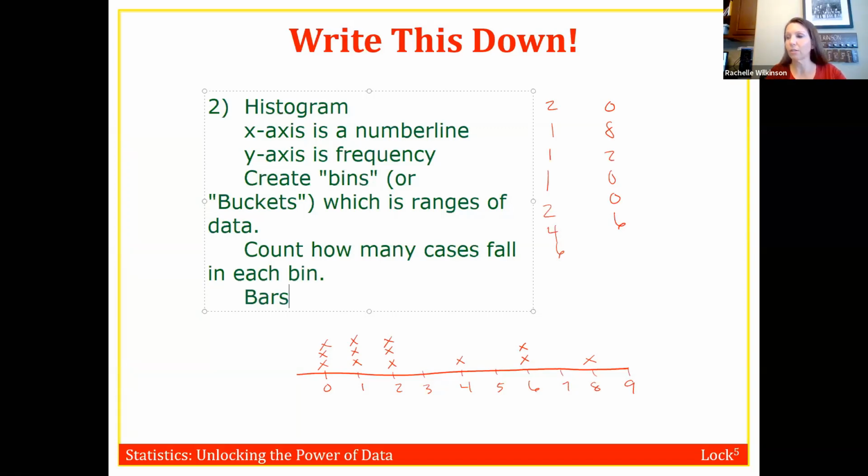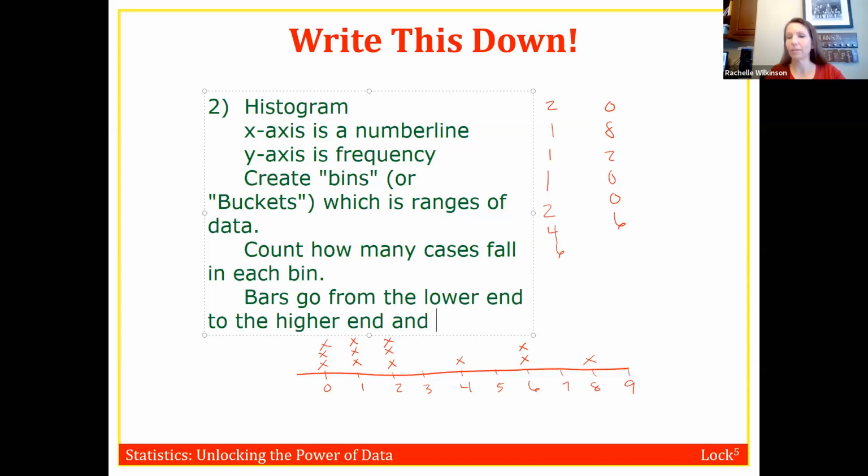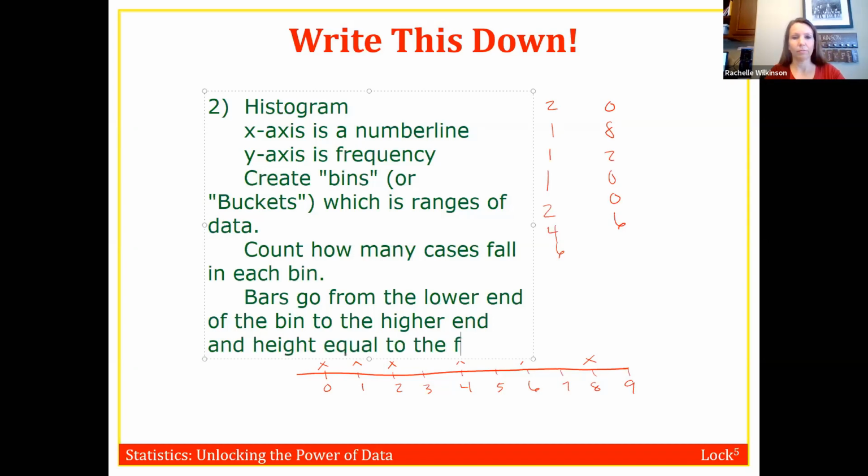So bars go from the lower end of the bin to the higher end, and they have a height equal to the frequency. The frequency is just the count of the number of observations that fell in that bin.